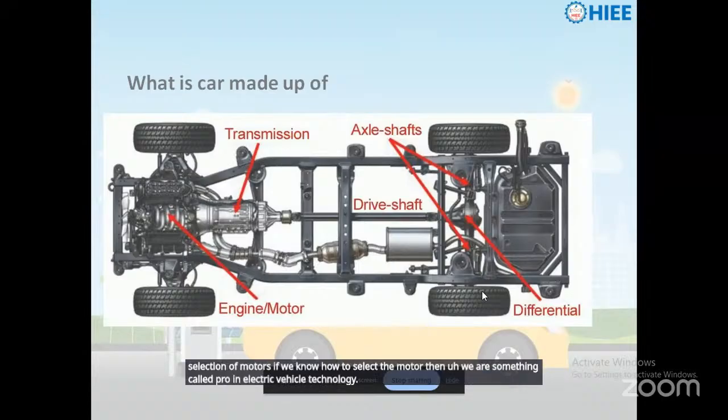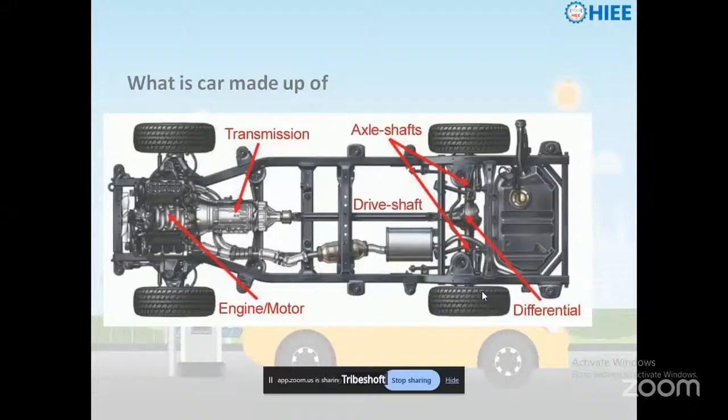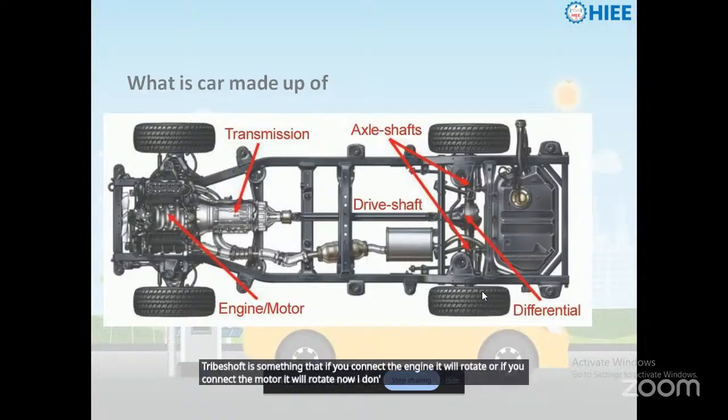Now just imagine I don't have a motor here. Can I run my vehicle? No, definitely not, because if you connect the engine to the drive shaft, it will rotate, or if you connect the motor, it will rotate. Now I don't want an engine, I want an electric vehicle. For rotation of the drive shaft, my motor shaft needs to be rotated. That is how electrical energy is converted into mechanical energy.